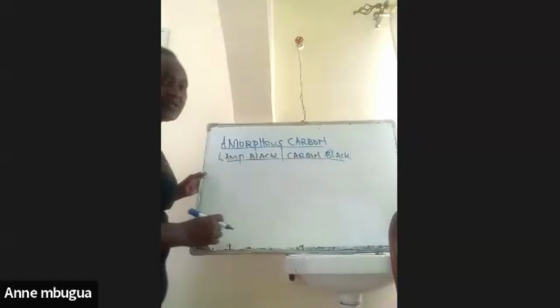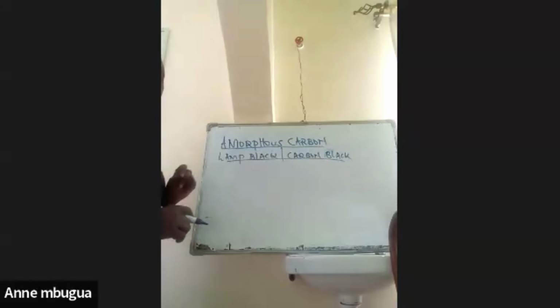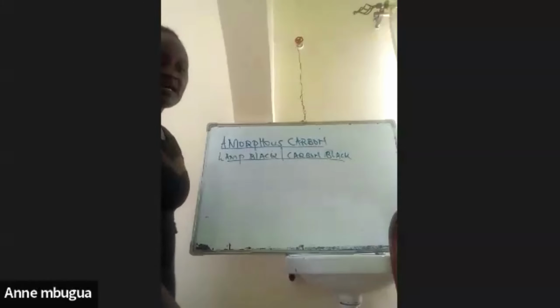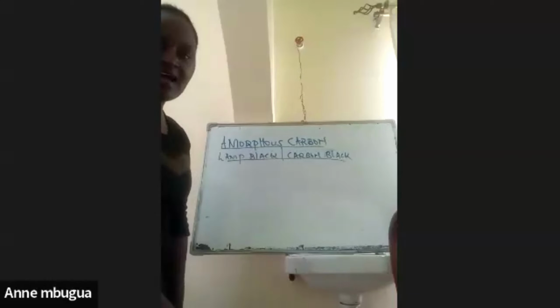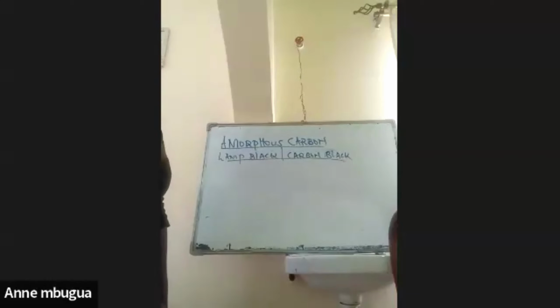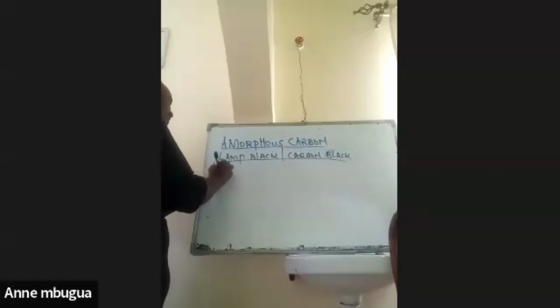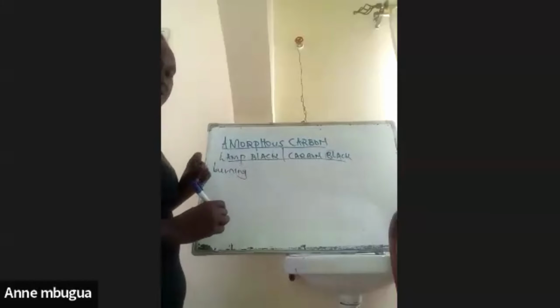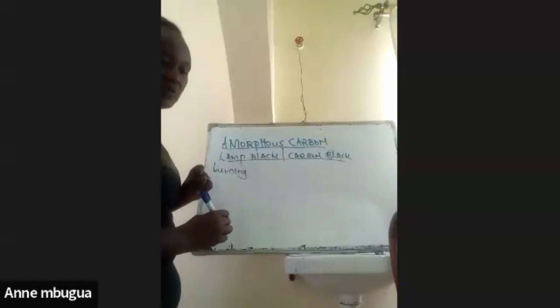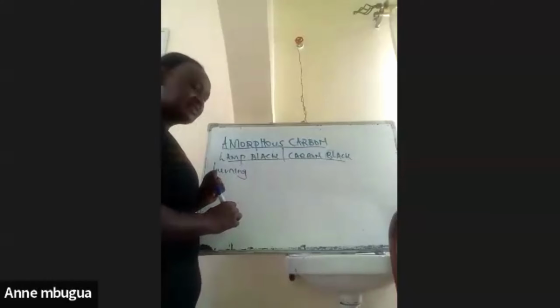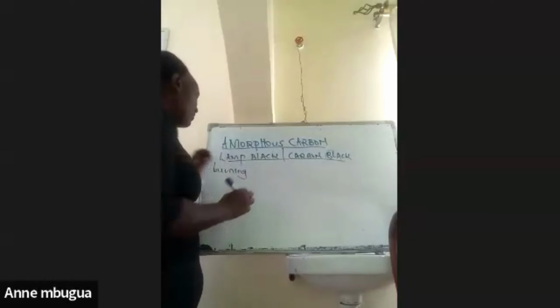This one is made by burning hydrocarbon gases, tar, or oil. We came across the word hydrocarbon in Form 1. It's a compound made up of carbon and hydrogen atoms only.